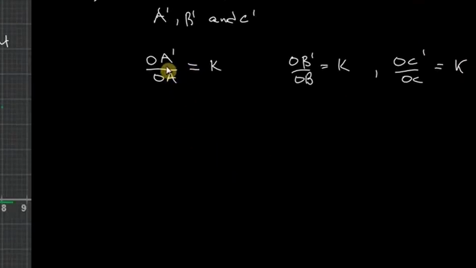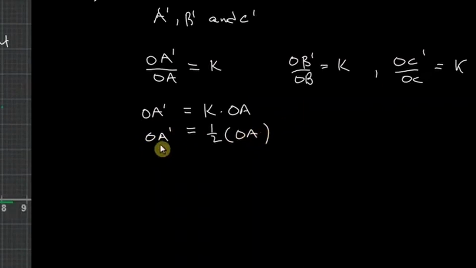So if we look at just one example, O to A prime is therefore equal to K times O to A, or let's write as a half of OA. What is that saying to us? It's saying that if we draw a line from the origin to the point A, then the image point will be located at the midpoint of that line.